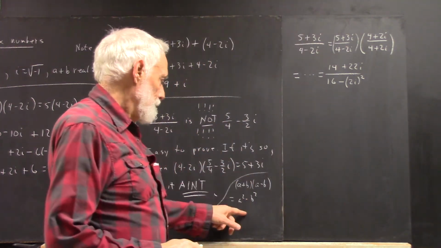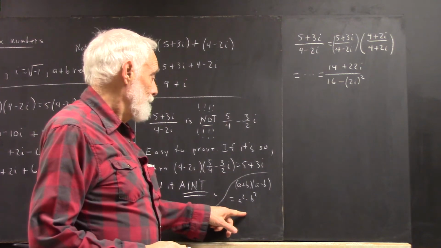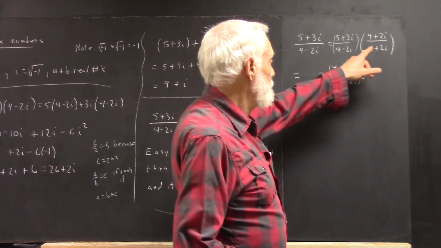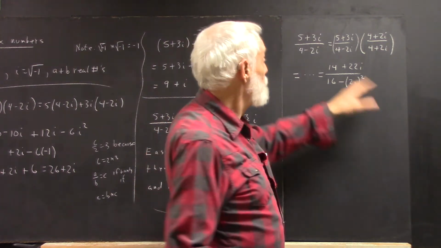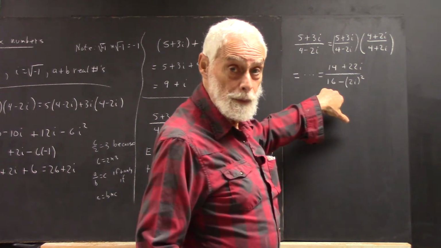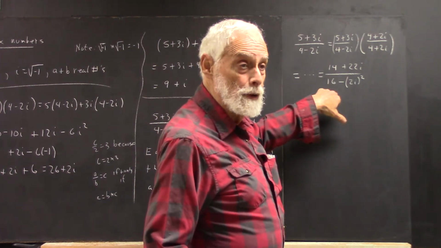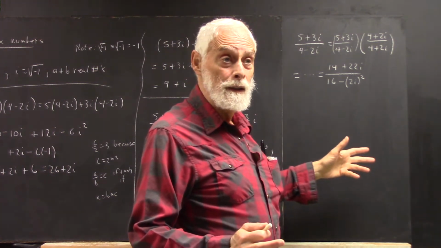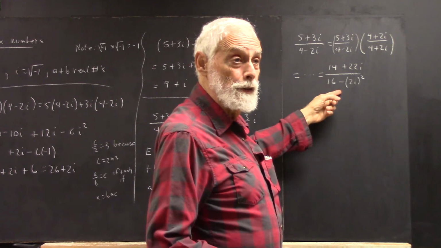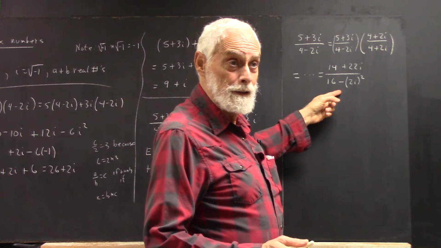Because if you understand this, this is an a minus b times an a plus b. It's got to be a squared minus b squared. But you can do the distributive law, and that's what you're going to come out with. The terms with i's on them go away, and the denominator can't see a thing anymore because the i's are gone.